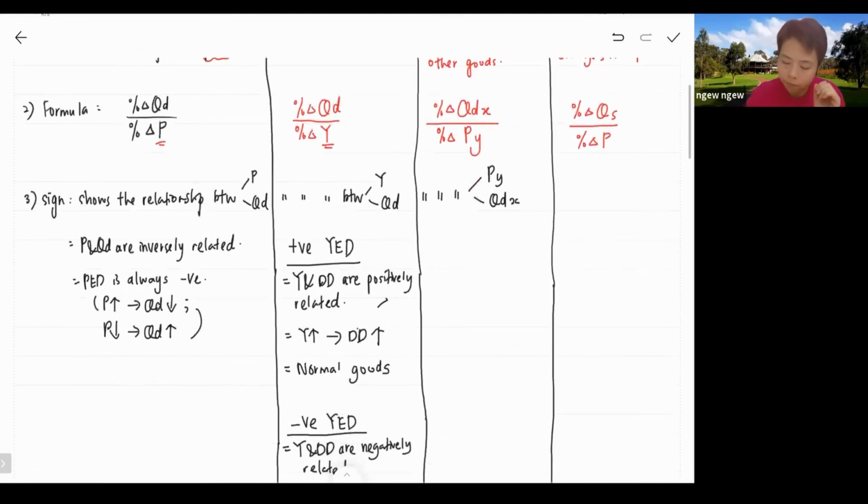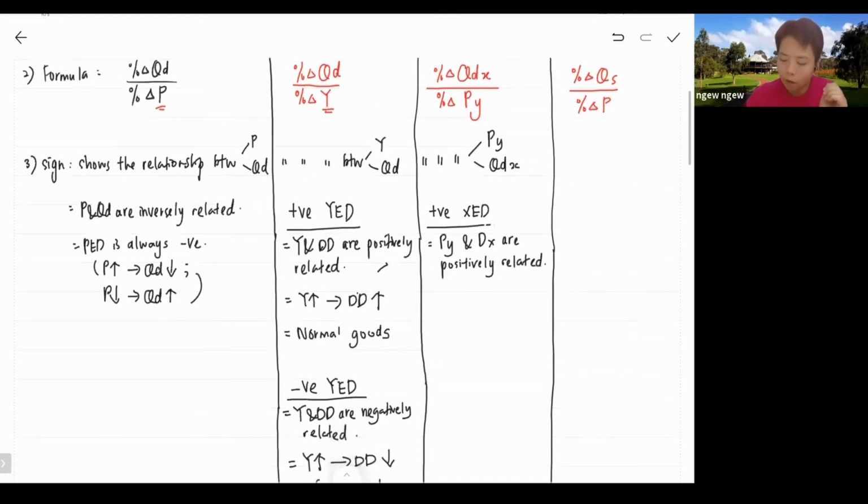So now, when it is positive XED, meaning price of Y and demand of X are positively related, then you write down what I write. When price of Y rises, demand for X will rise.